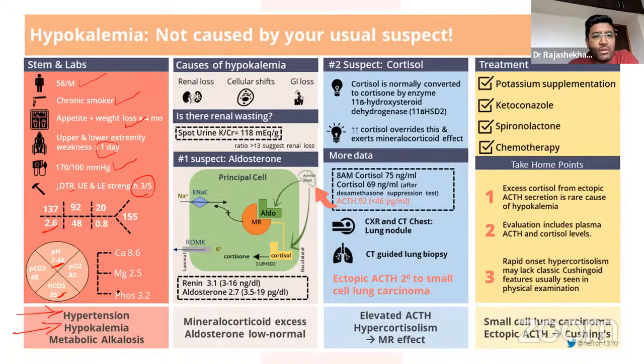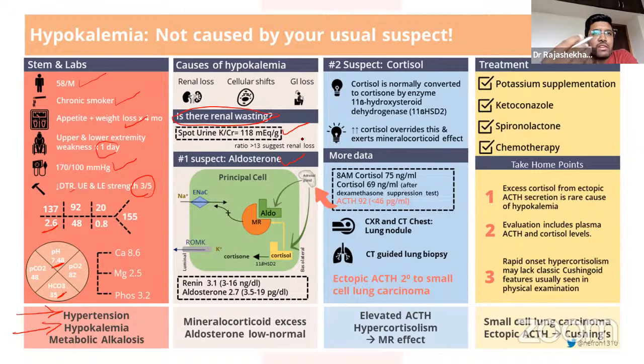The first and foremost thing is to confirm renal potassium wasting. The spot urinary creatinine potassium ratio was measured, and it was more than 13, so potassium wasting is definite. Since there is hypertension, we suspect aldosterone.